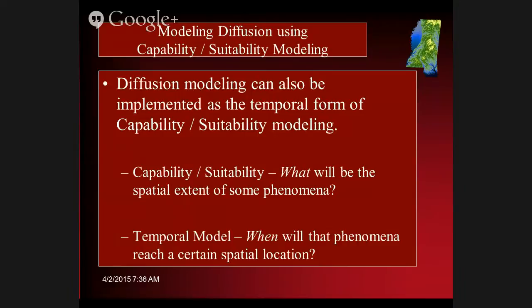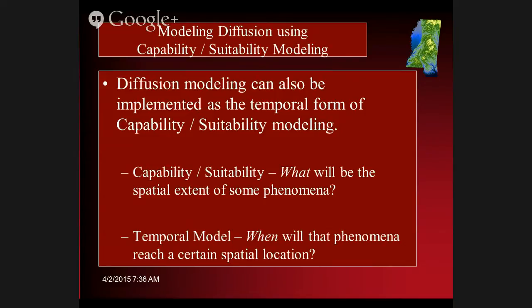Basically what we're modeling here is, we're still modeling how capable or suitable a particular phenomenon is, but what we're doing is changing it from, does it exist, to how fast will it grow under certain conditions.